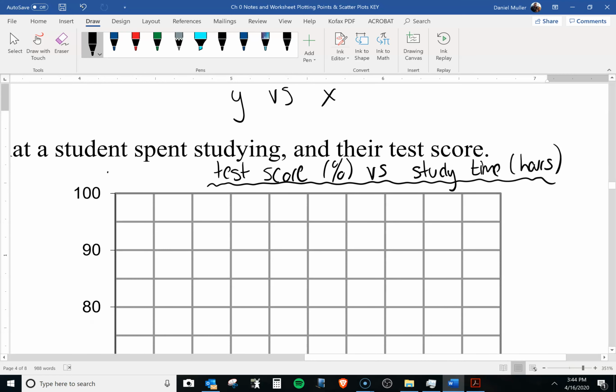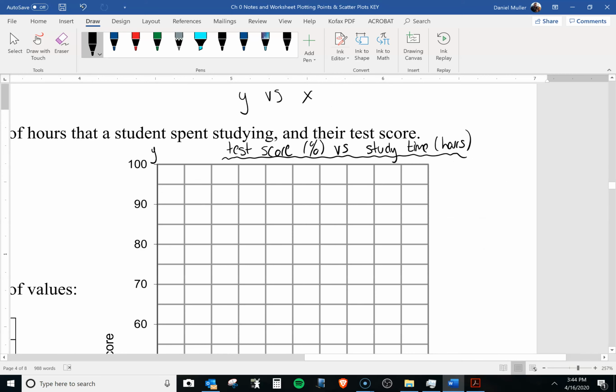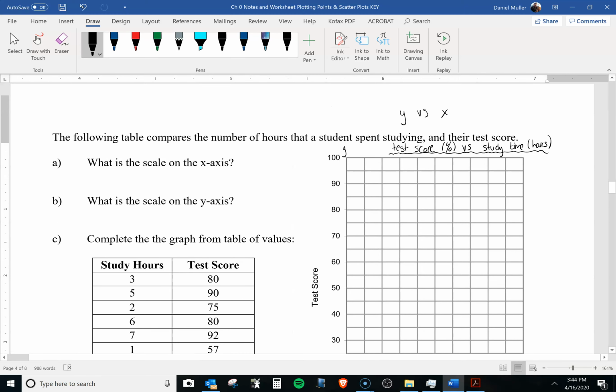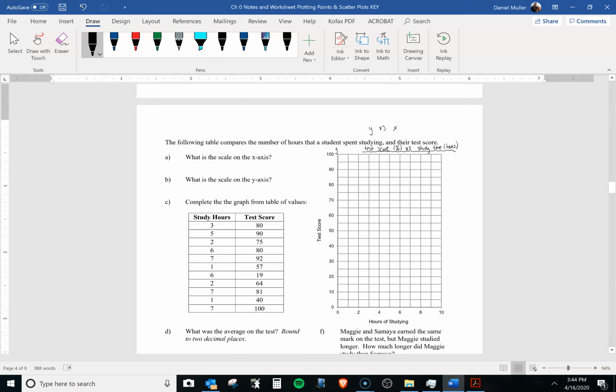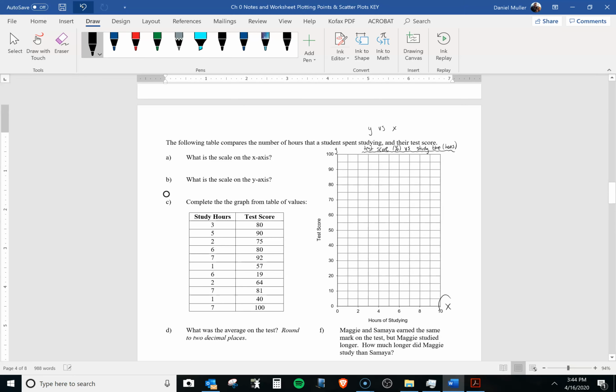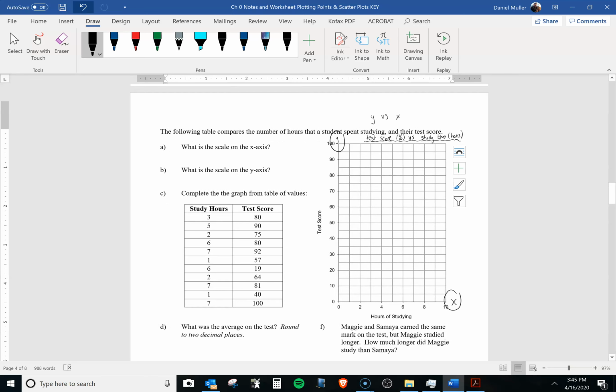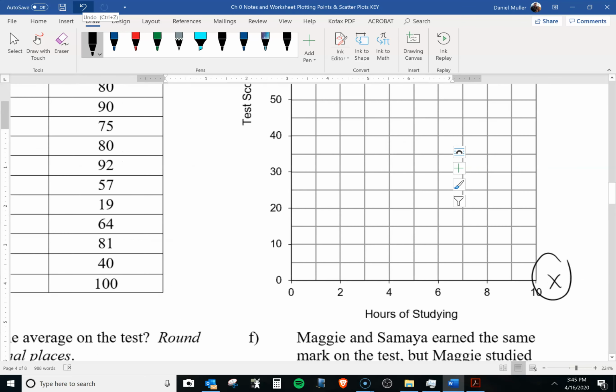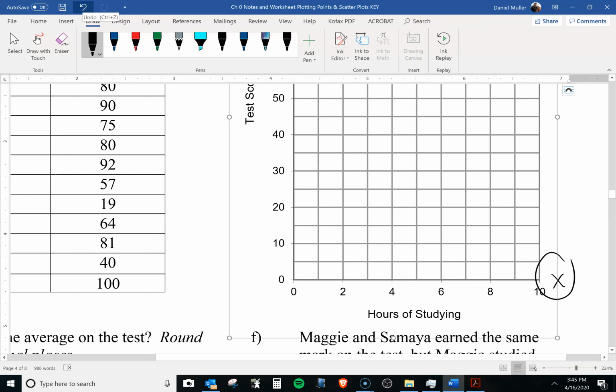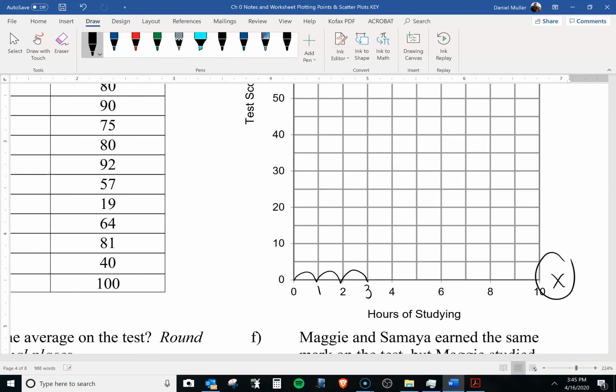Our y-axis here is the test score, and I'll label the x, just for the heck of it, as our study time. So our x is down here, and our y is right here. Letter A, what is the scale on the x-axis, and B, what is the scale on the y-axis? What's every square worth here? 1, 2, 3. So every square is worth 1.